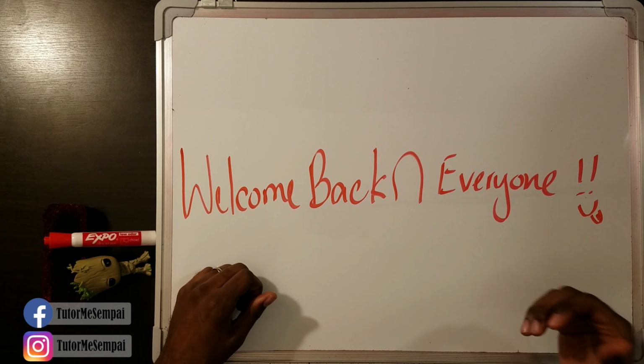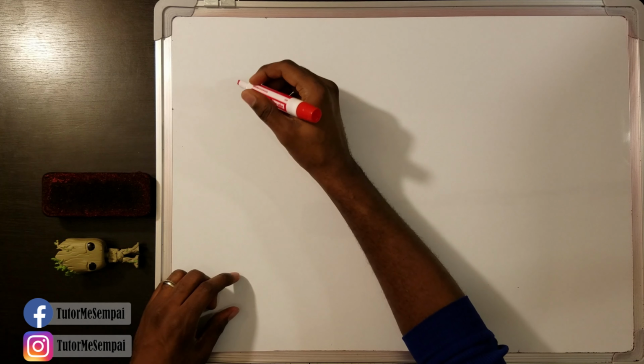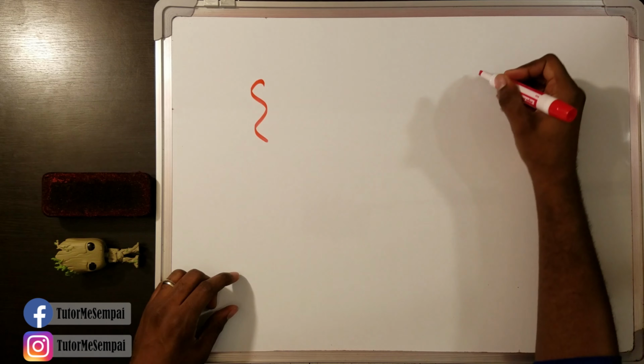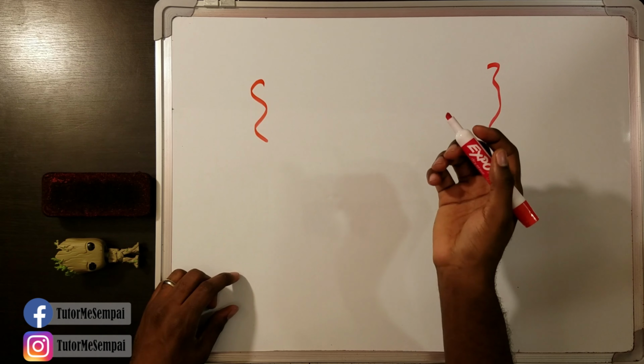Well, without further ado, let's talk a little bit more about unions and intersections of sets. So as to not assume that everyone who sees this video has seen a set before, let's talk a little bit about sets first. A set is usually denoted with some curly braces, and it's really just a collection of items.